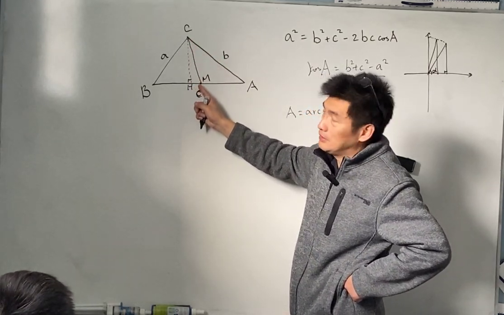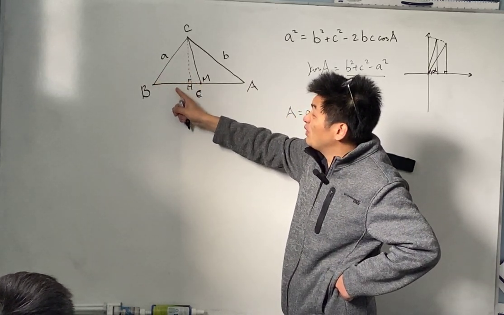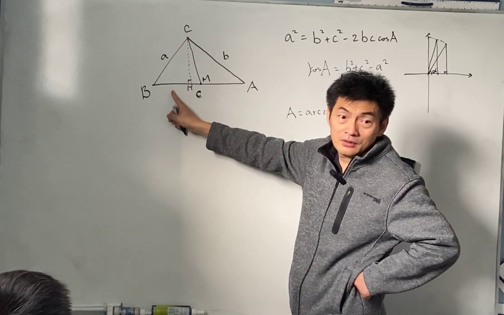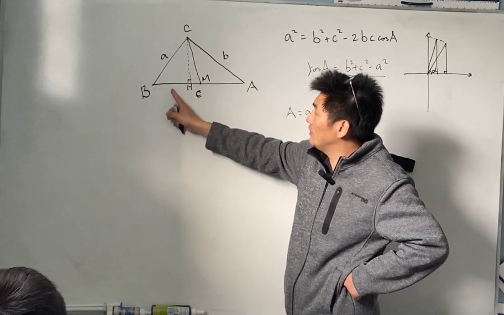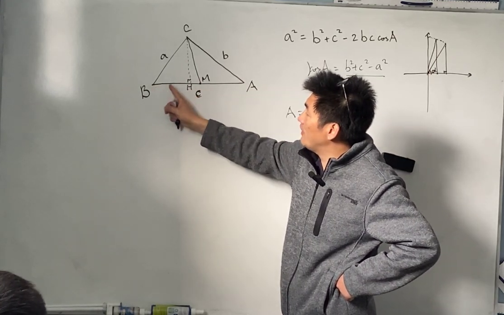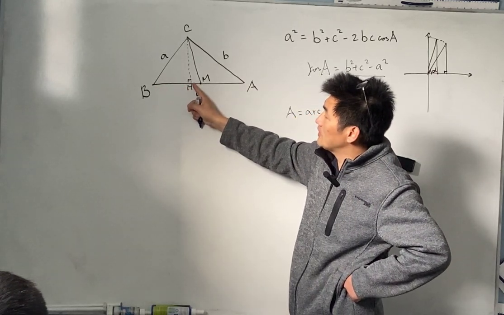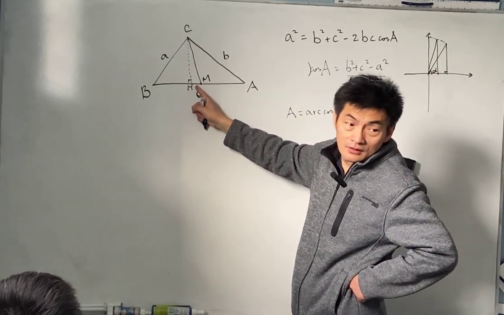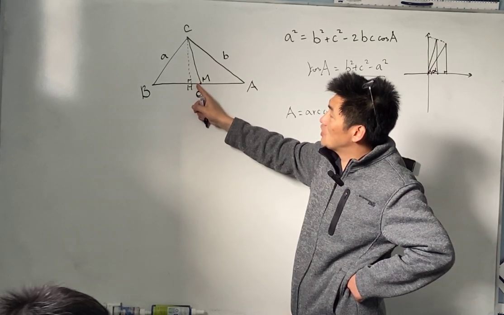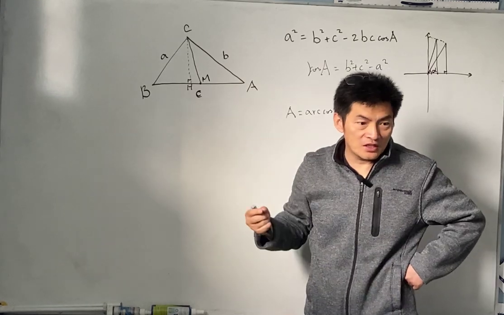Because we know that length already, we'll know what this is, using the Pythagorean theorem. We'll know the length of BH, and because this is half of C, half of C minus BH would give us the length of that. Use the Pythagorean theorem again: this squared plus that squared equals CM squared, and we get what CM is.